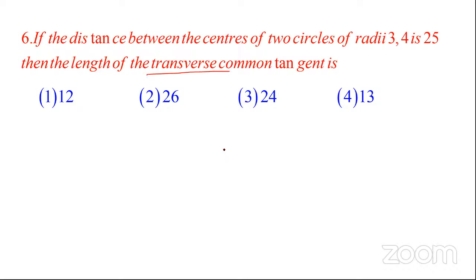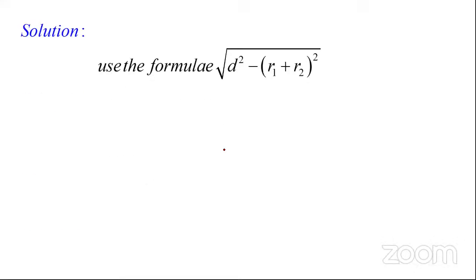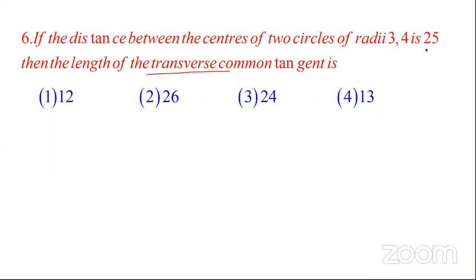So that is nothing but under root of d square minus r1 plus r2 whole square. So option 3 is the correct one. What is the d value here? D value is here 25.